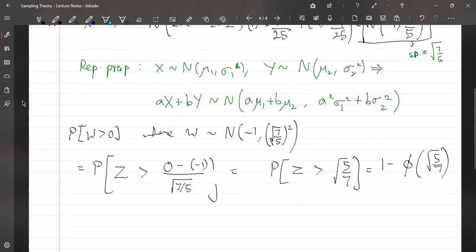So you just compute this. 1 minus phi of that, so that is 0.7995. That's 0.2.